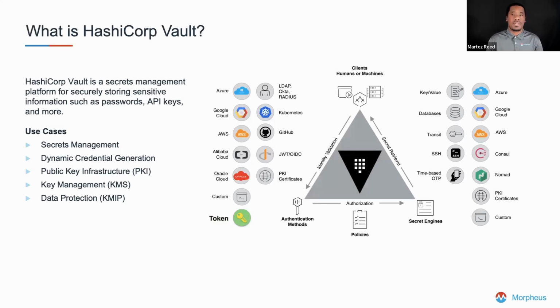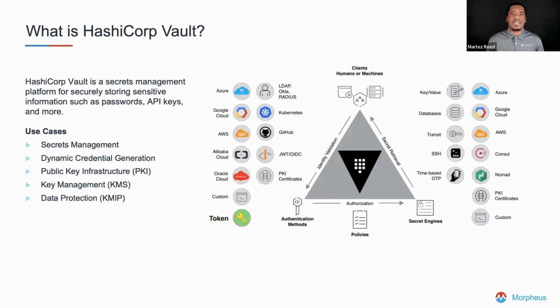That allows for the ability to take advantage of automation in an end-to-end fashion, but also securely store sensitive information. So being able to leverage it for static secrets, and for dynamic credential generation, so being able to leverage HashiCorp Vault to dynamically generate credentials that are short-lived.